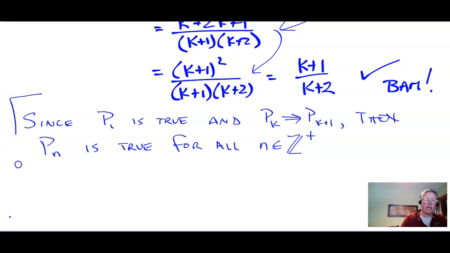Now you're going to see some variations of this, but I addressed two things. I addressed the base case, and I addressed that the assumption of the kth term implies the k plus first term.